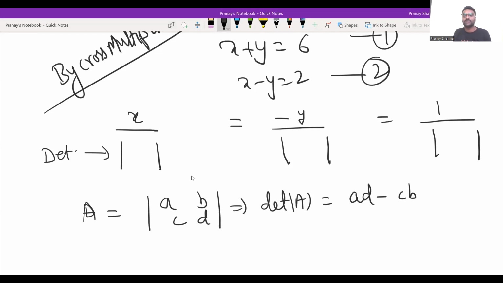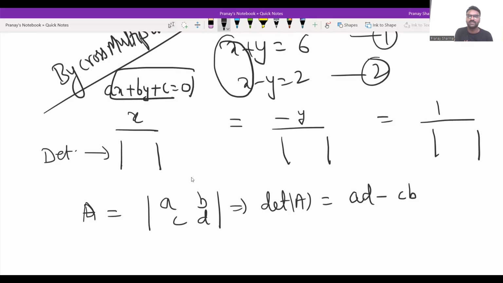Once we are dealing with 3 cross 3 or so in higher grades, then the method will change. If we are dealing with x, we need to hide the coefficients associated with x, and whatever values we are left with, we should write. One more thing, the standard form of a linear equation in two variables should be like this. So we must first convert this into standard form.